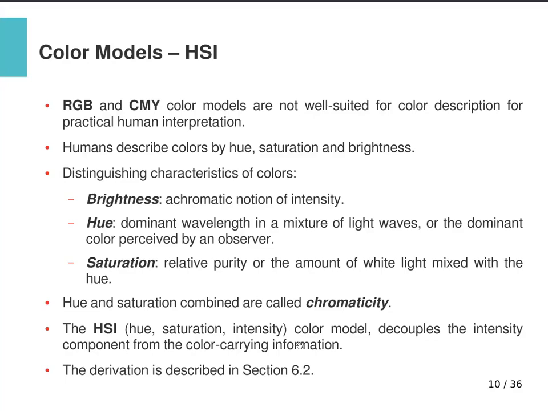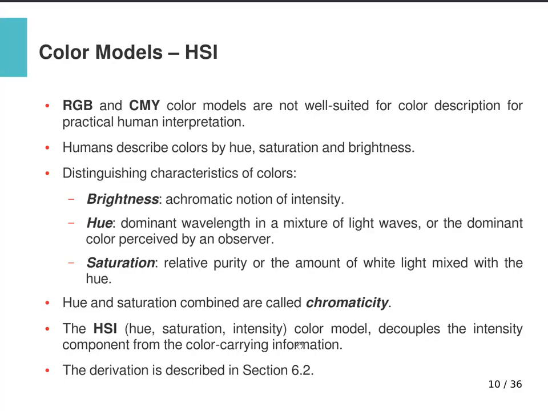If you remember from a previous slide, we said that there are 3 distinguishing characteristics of color. We have brightness, which doesn't have any color information, and it's the achromatic notion of intensity.